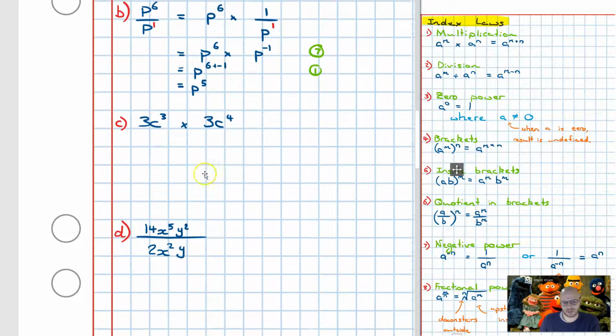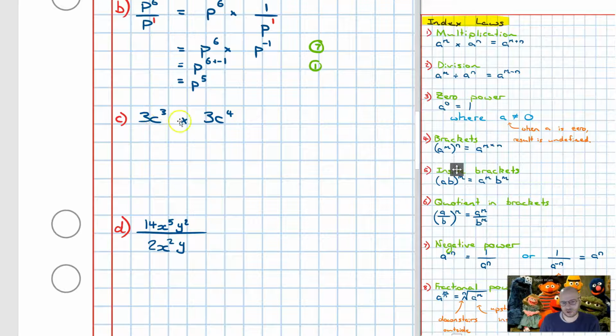Going down to C, we have 3c cubed times 3c to the 4. Now there's a few ways in which we can represent this. The simplest way is you're going to multiply the coefficients together. So 3 and 3. And then we're going to go c to the 3, c to the 4.